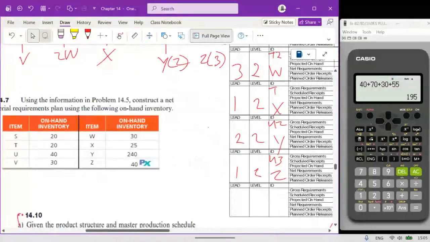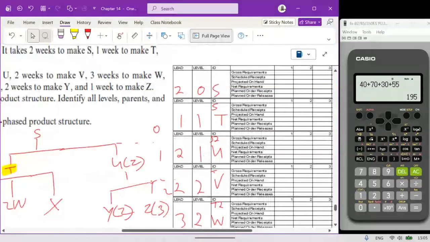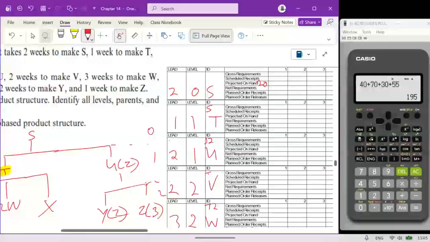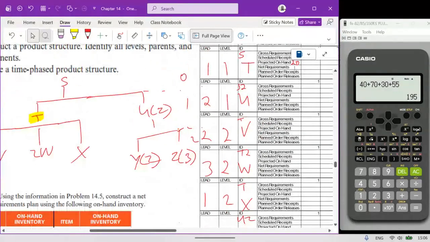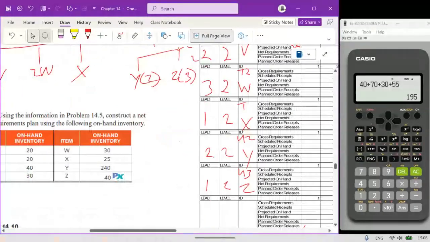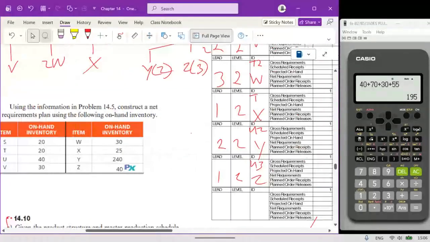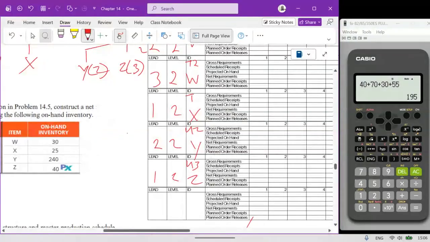So S is 20, T is 20, U is 40. 40 and 30, V is 30. Then we have W, which is 30. X is 25. Y is 240. Then Z is 40.